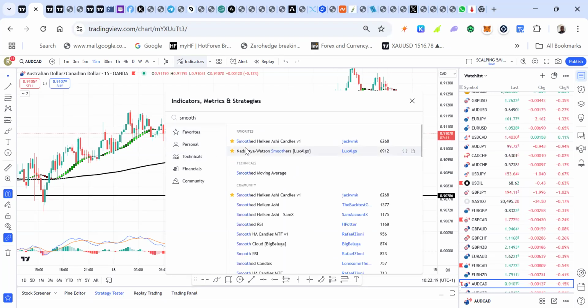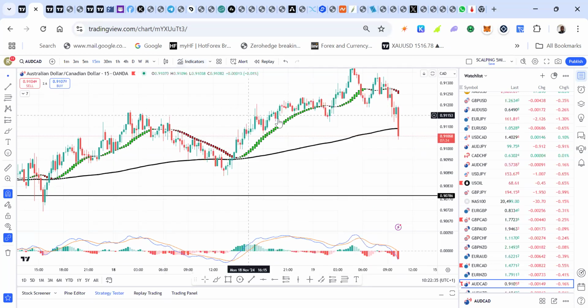So you can see it here: smoothed Heikin Ashi candles V1 by Jack Mick. Okay, so you add it. For you to add it, you just click on it. It will be added. The settings are default. You don't need to do anything.